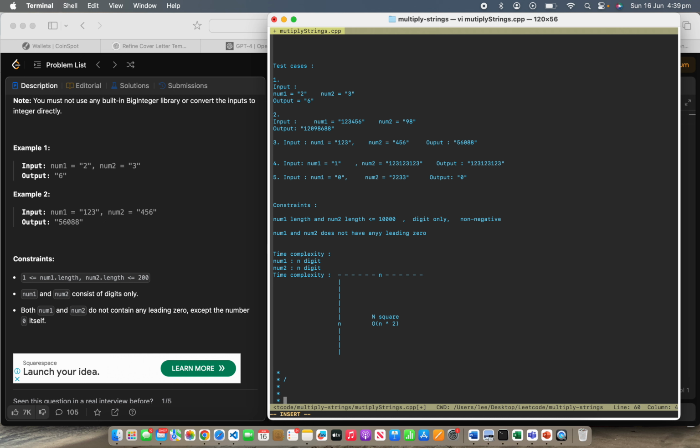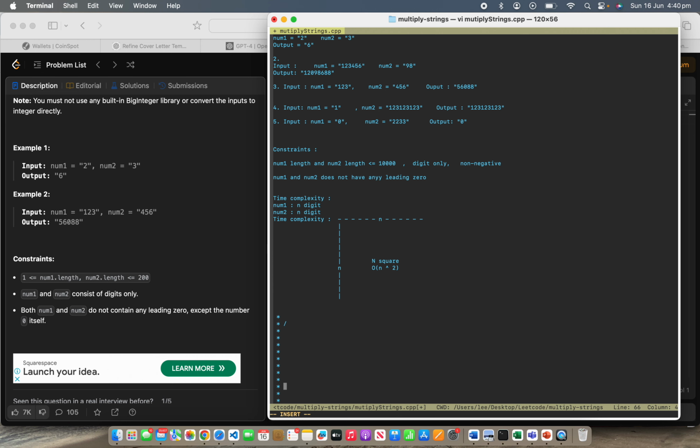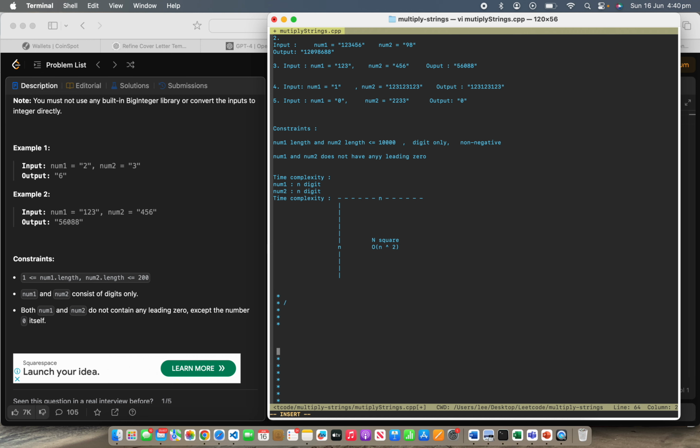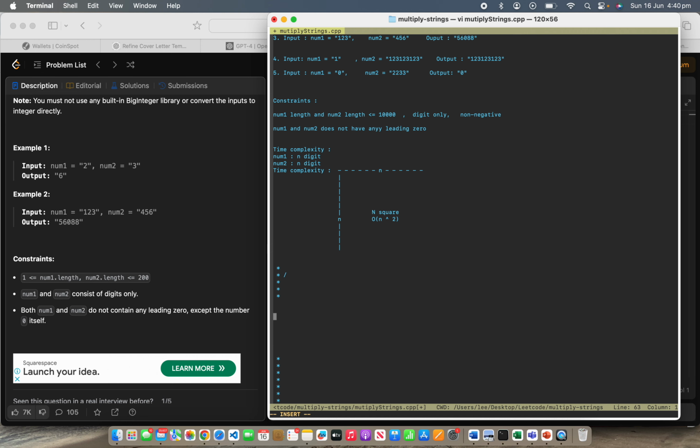What we can also do is Karatsuba multiplication, which is a little bit easier in terms of the time, not the implementation. So we have more faster solutions. So for example, we have number 1 is equal to x1.